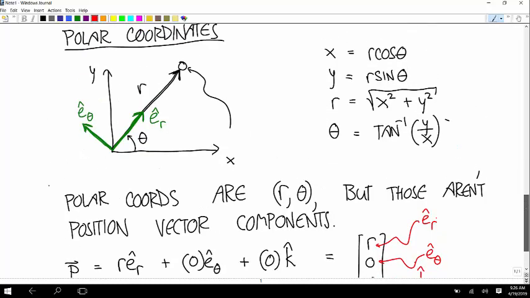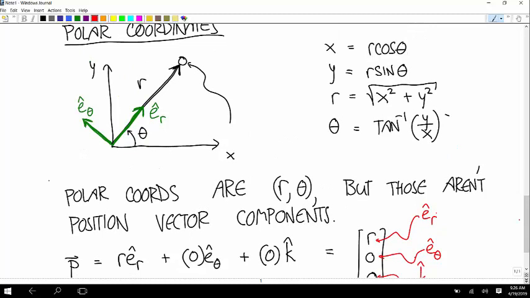Okay, so notice that our coordinate system is such that as that object moves around, ER just keeps pointing straight at it. And so the position vector is always just r, 0, 0. But also notice that as that thing moves around and this thing is rotating, the origin stays in place. So it's not an accelerating origin, but it is a rotating coordinate system. The orientations of those axes are changing.